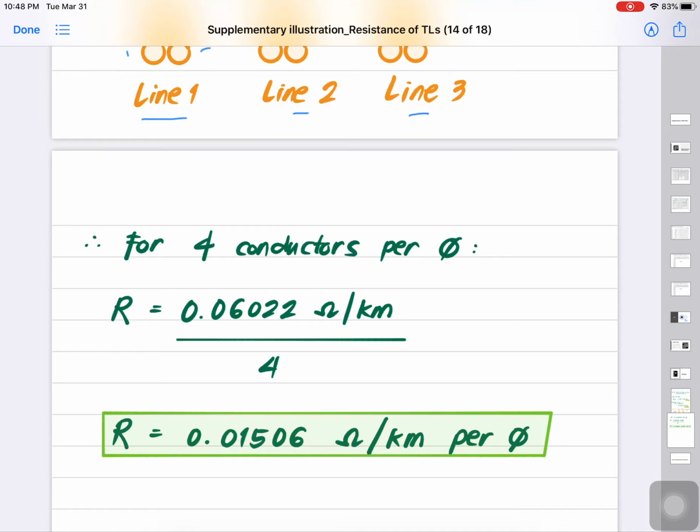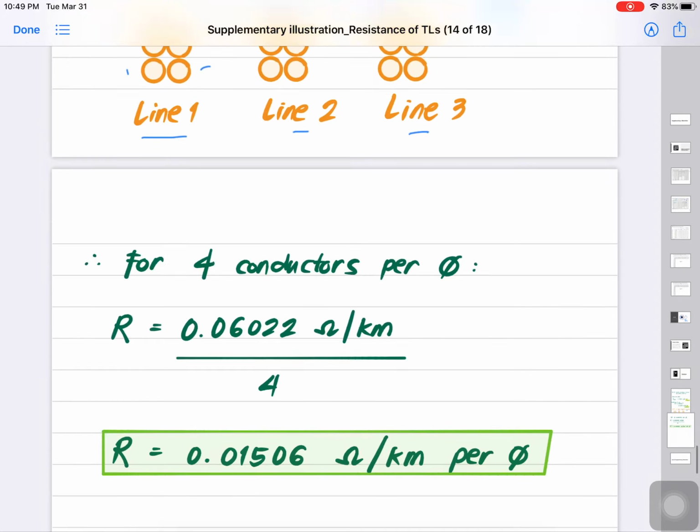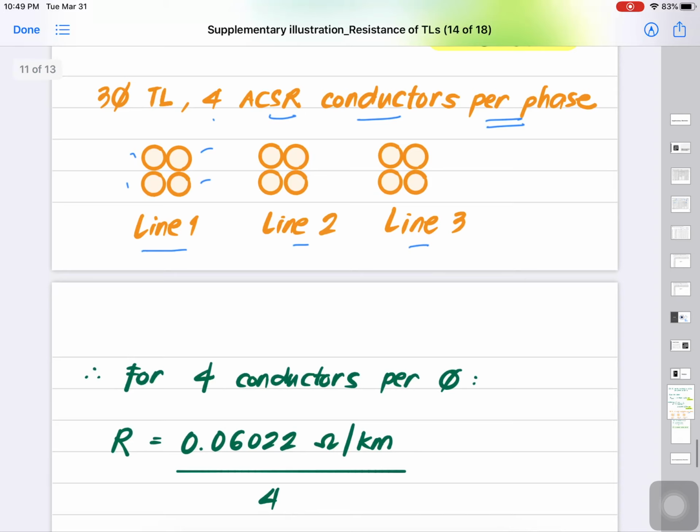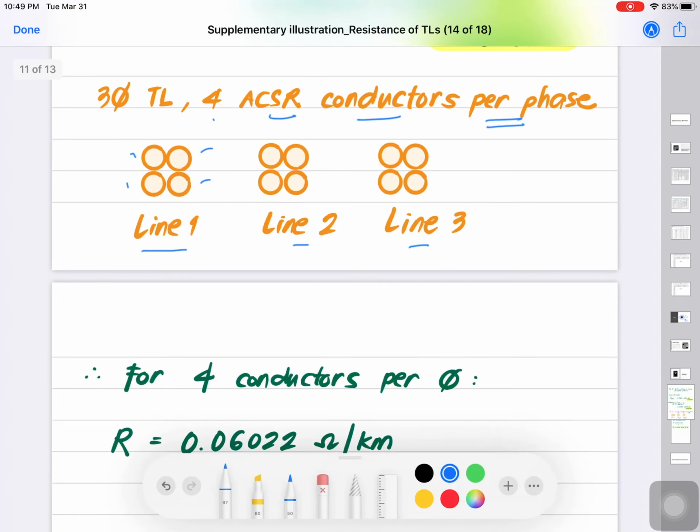However, we have to take note of this, no? In the future calculations, no, later on, we will be considering resistance of the line per unit length. We will always consider that per phase and per unit length. Okay? It says here that in a single phase, there are 4 conductors. Okay, ibig sabihin yung 4 na yun, merong, let's say, 3 kilometers.